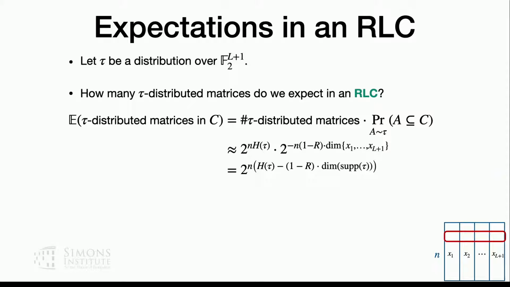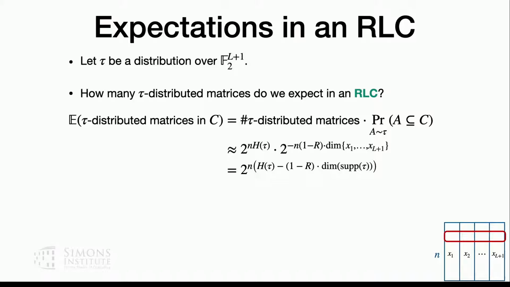Okay? So I just want to show you that for a given distribution tau, this is actually a very simple computation. Right, so let tau be some distribution over F2 to the L plus 1. And you want to know what's the expected number of tau distributed matrices in the code. So tau distributed matrices are matrices where the rows are distributed according to the specific tau that we've set.